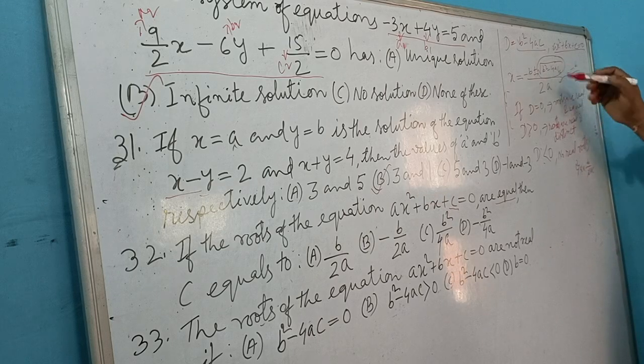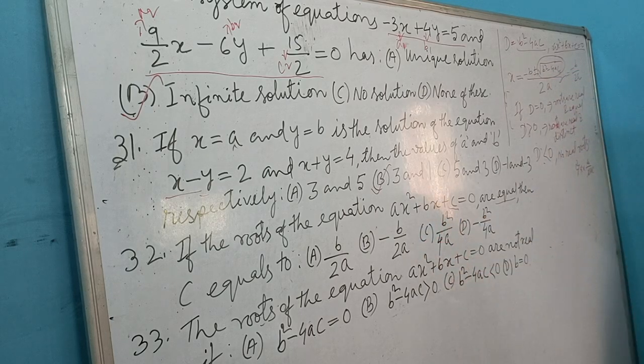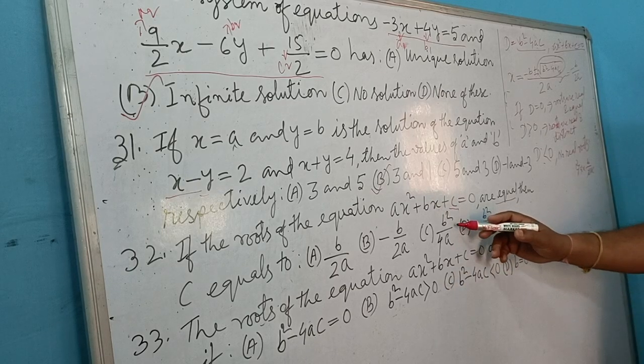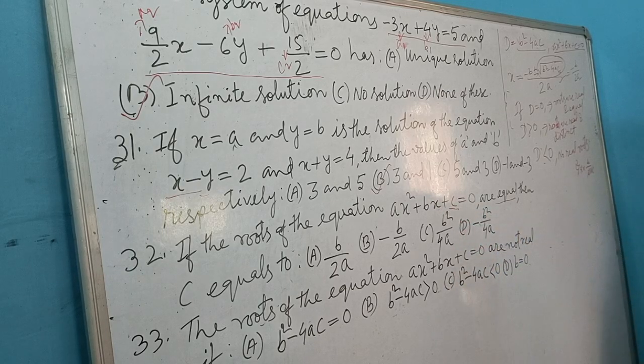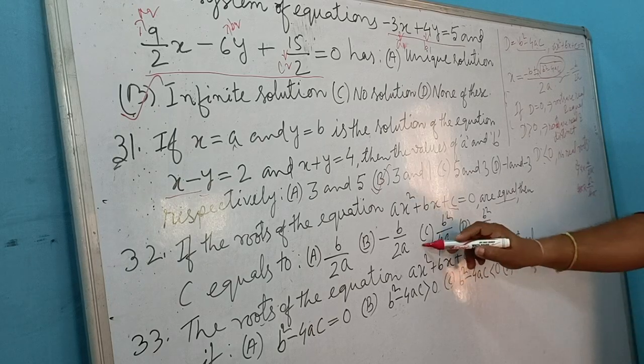That means this one will not come 0. So if you put this one, this is not possible. Clear? Now you see this one. Instead of b square minus 4ac, 4a is already there. Instead of c, if you write this option, b square minus 4a, 4a cancel, b square. So b square minus b square is 0. That means this option is correct.